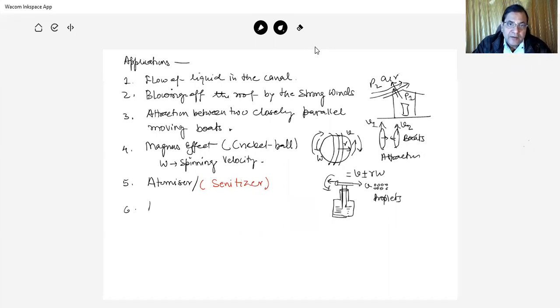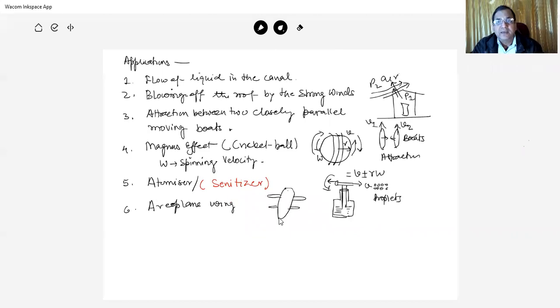Then there are aeroplane wings. This is the aeroplane flight, and here are the wings. The wings of this plane cut the air above and below, and as the velocity increases, there is a pressure difference, and this pressure difference lifts the aeroplane in the air.